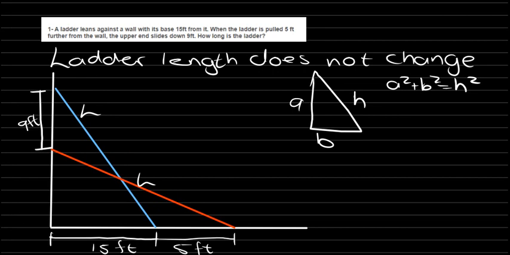Now we have another thing that we need to do. We need to identify the initial length and specify what it is in terms of an unknown. So this length right here, I'm going to call it x, and then we need to specify this length as well, in terms of x and 9.